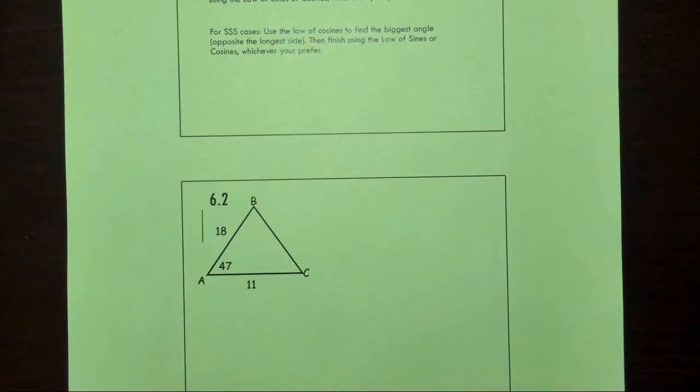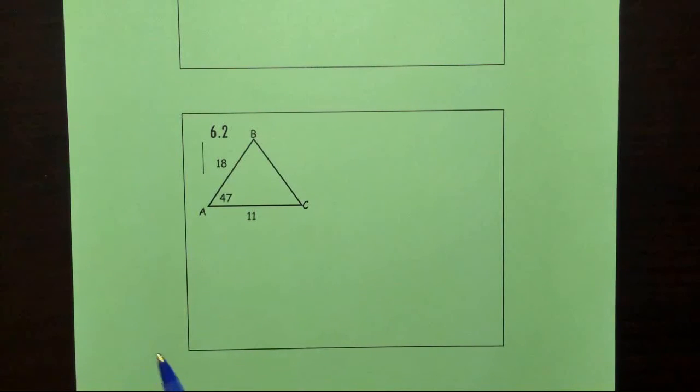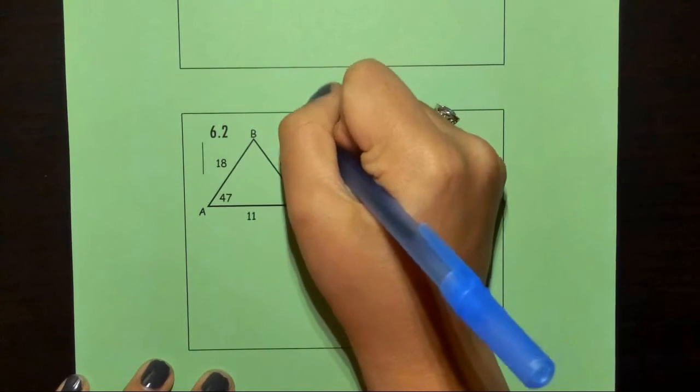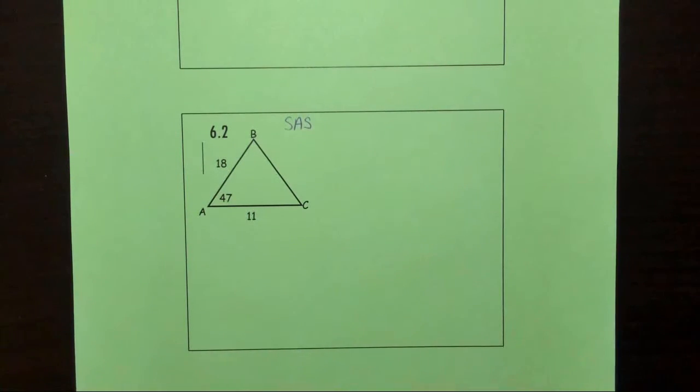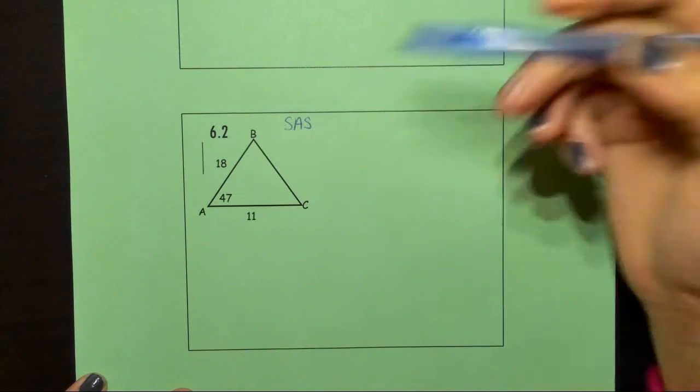Okay, so here's our first example. Triangle ABC, side AB is 18, angle A is 47, and AC is 11. So this is our side angle side case. In that case, the first thing you want to do is find your missing side value first.